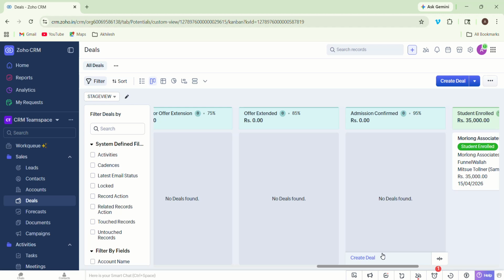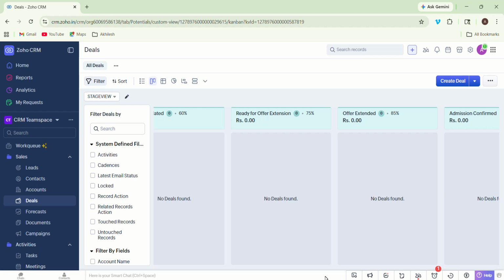You can instantly see how many applications are at each stage, where the bottlenecks are, which deals haven't moved in days, how much confirmed revenue is coming this month. No spreadsheet, no status meeting, no chasing people for updates. That's what a well built pipeline does.